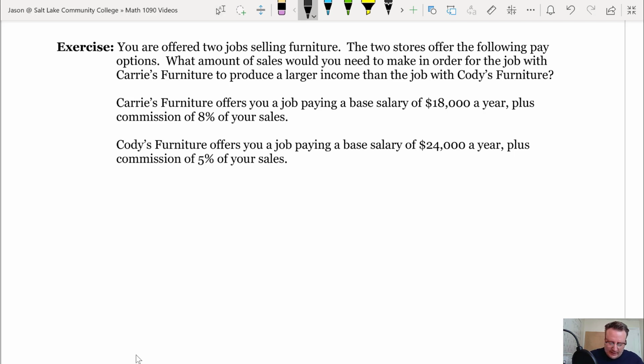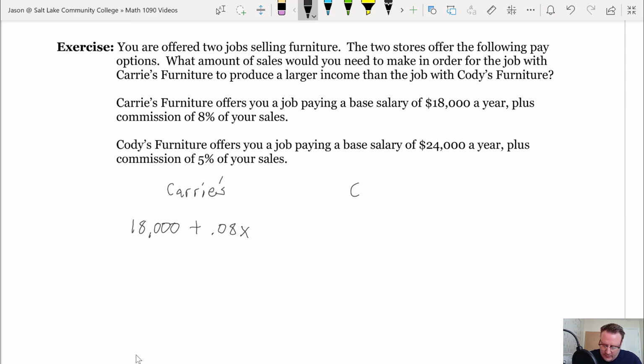So on Carrie's side, our pay will be $18,000 plus 8% of sales, so 0.08x. Let X be the amount in total sales we make.